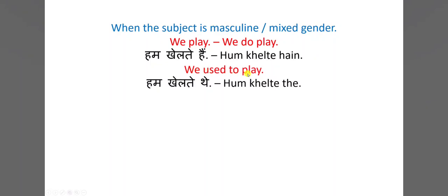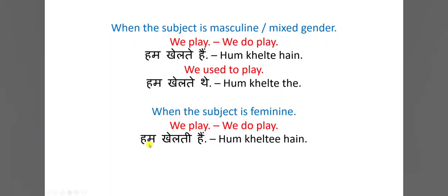We used to play is हम खेलते थे. थे is used because subject is masculine and plural. Okay? Subject may be mixed gender too. Alright? So all we did was replace the present tense be verb with the past. Okay?